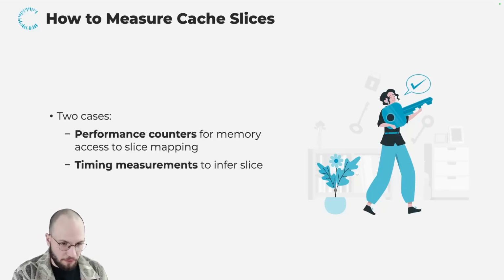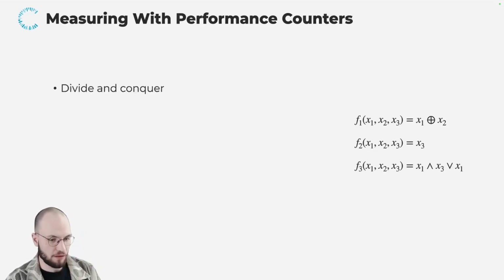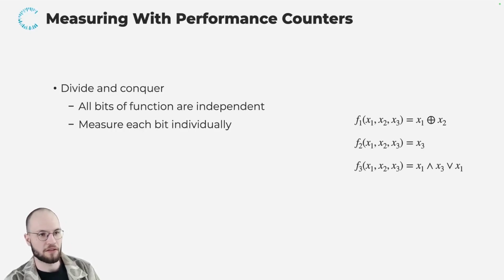And so let's jump right into a small example where we measure a cache slice function here on the right side, that has 3 bits that are all different combinations of the addresses, with performance counters. What we found is that you can do a divide and conquer approach where you assume that all output bits of the function are independent, and you measure each bit individually instead of the entire function like previous approaches.